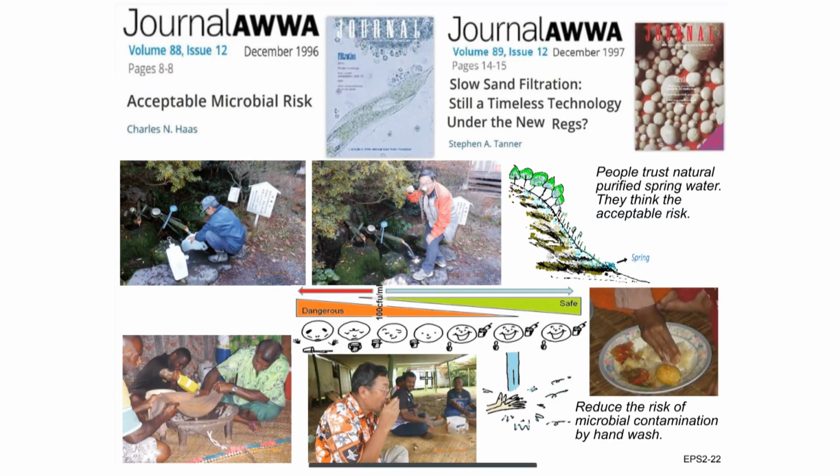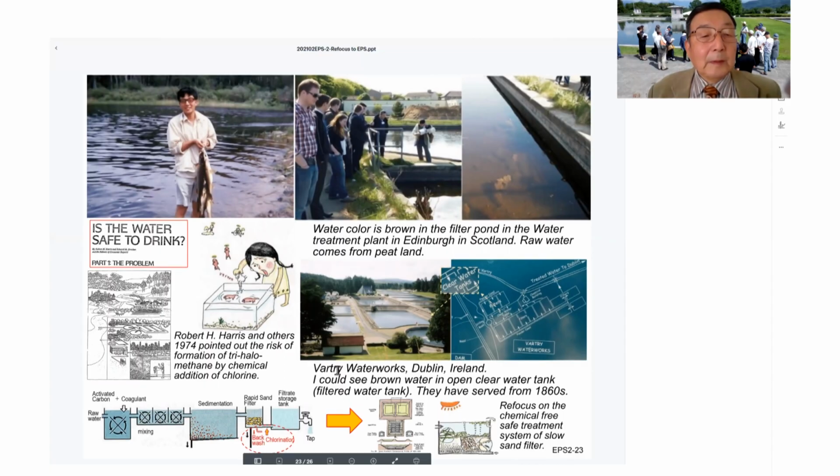Therefore, with this slow sand filter we have to refocus, and we have to think about the acceptable risk. We use a cover and ceremony to reduce the risk of microbial contamination by hand washing.